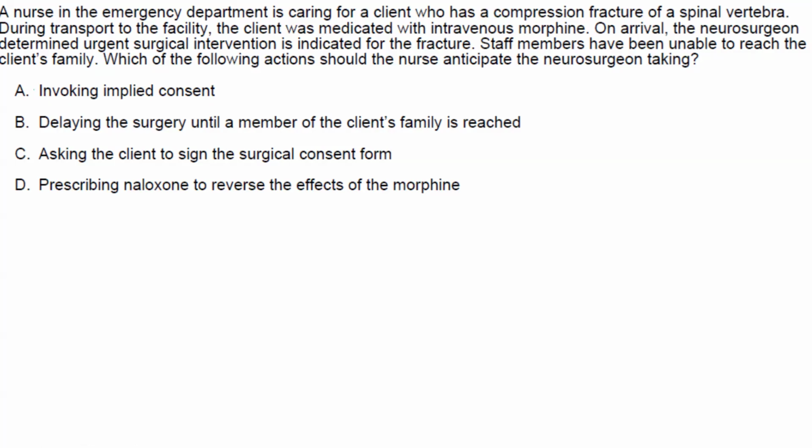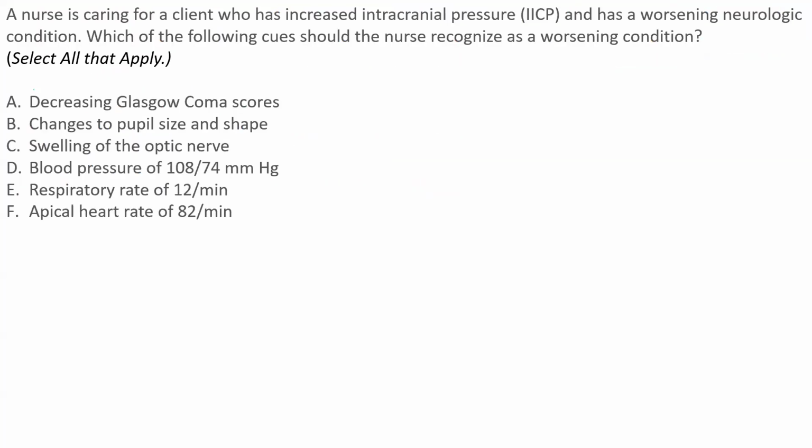As for prescribing naloxone to reverse the effect of the morphine, the purpose of naloxone is to reverse opioid toxicity, not the morphine's intended effect. The morphine is given for a reason, for pain management. Naloxone should be prescribed to reverse the toxicity of opioids like morphine, but not to reverse the effect of the morphine itself.